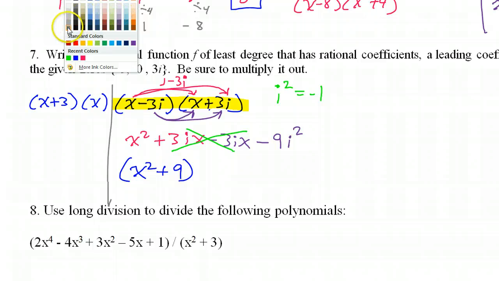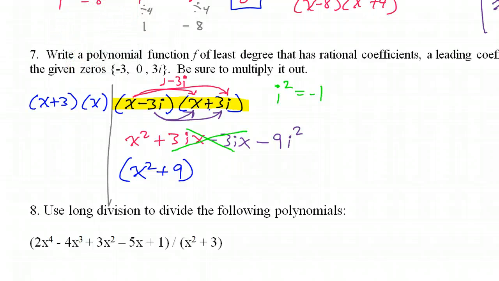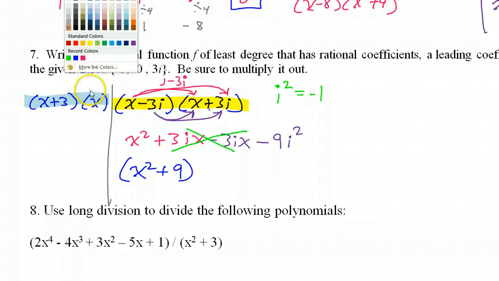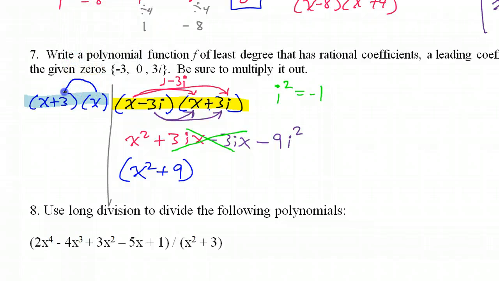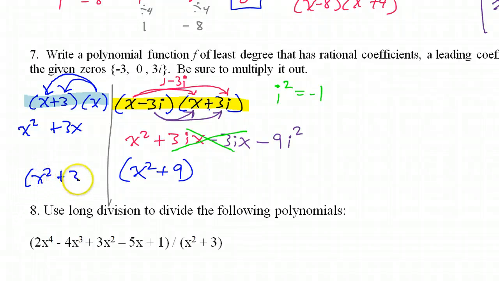What I would like to do next is multiply these two together now. But that's really simple, because I would just do the distributive property. So if I take this and I do the distributive property, I get x squared plus 3x. Okay, so there we go. So I've got x squared plus 3x times x squared plus 9.